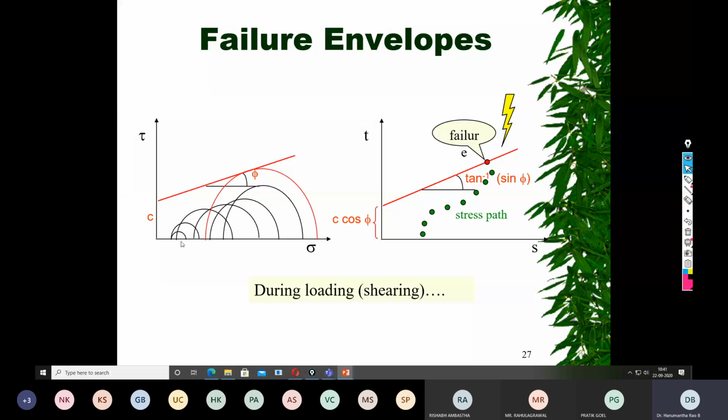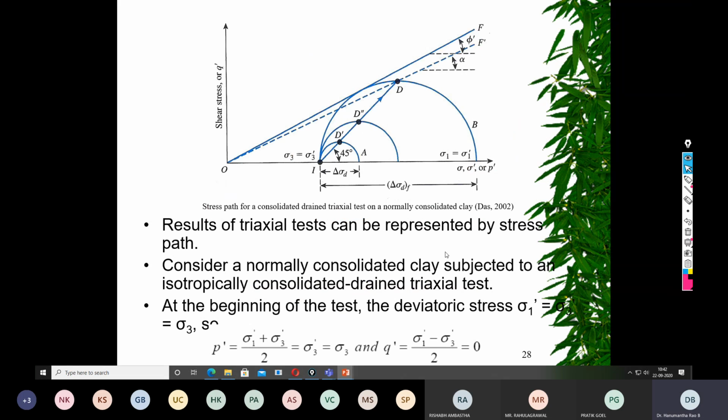In this bunch of Mohr circles, we varied sigma 3 and we varied sigma 1, and as a result, we get one particular stress path. Now let us try to understand. I kept sigma 3 constant but increased only sigma 1.